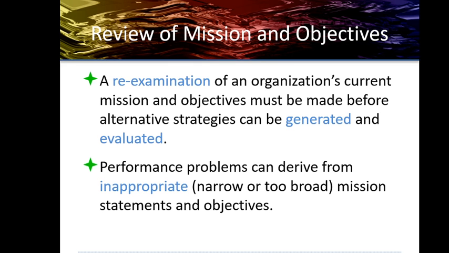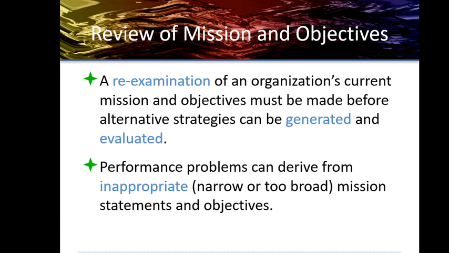As I told you, before we start selecting and formulating our strategies on the three levels, which are the corporate level, the business level, and the functional level, which we will discuss in the next chapters, we have to re-examine the organization's current mission and objectives.